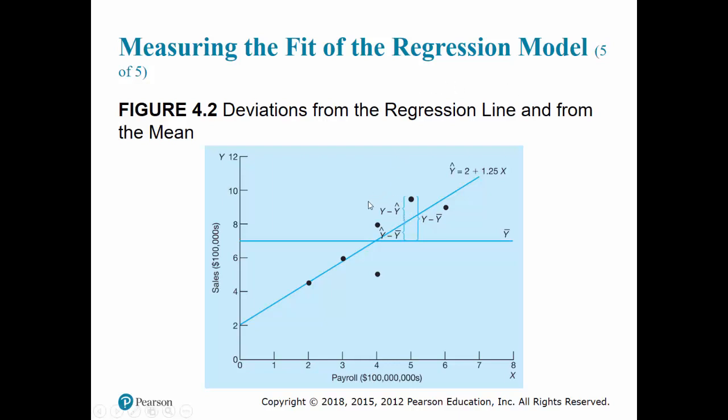If you take y minus y hat for each of these points, square them and sum them, what you get is the sum of squared error. And the rest, which is the distance between y hat and y bar, is the part explained by the regression. If you square that and sum that, it is called the sum of squares of regression. When you add these two sums of squares, it equals the total sum of squares.